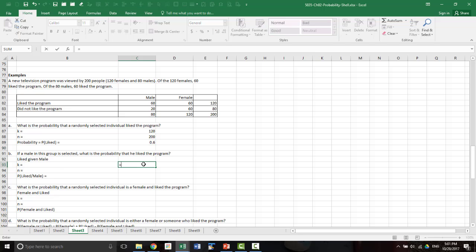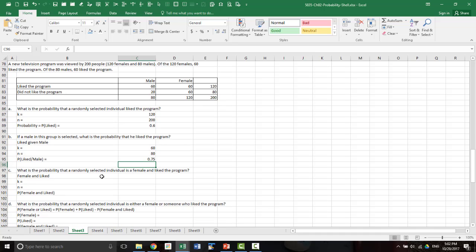Now we only need to look at this column, given male. So K is 60 and N is now 80, not 200, because given male means that's it. The sample space has now shrunk to just males. Then that divided by that is 0.75.